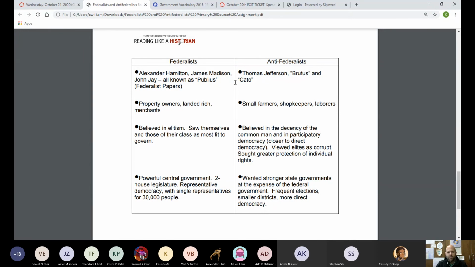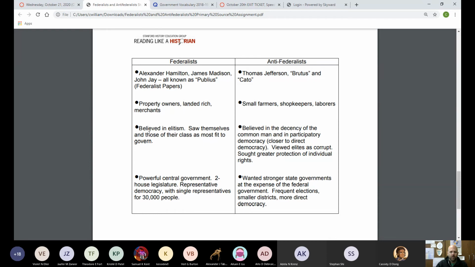We didn't learn until later that Hamilton primarily, along with Madison and John Jay, were responsible for the Federalist papers, and then Jefferson largely responsible for the Anti-Federalist papers. But it gives you characteristics of each in terms of their overall perspective and the types of people that would be supporting that.